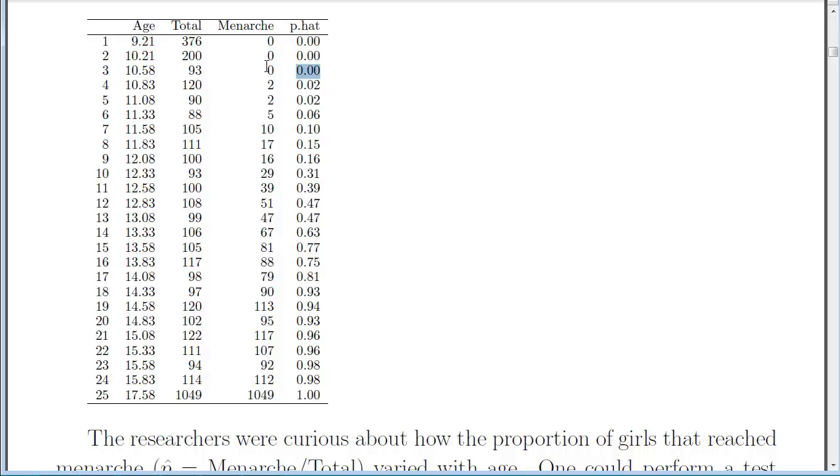It's going to be 1 divided by 1 or 0 divided by 1. Even when the total number is equal to 2, the only possible number of outcomes could be 0, 1, or 2. So my p-hats are going to be 0, a half, or 1.